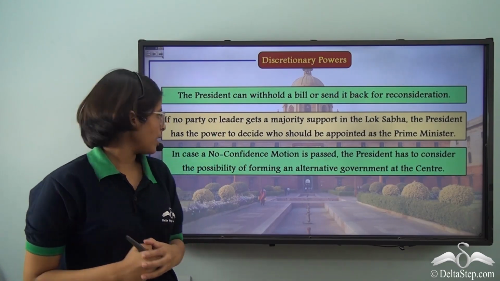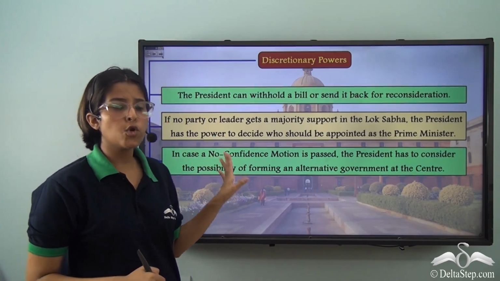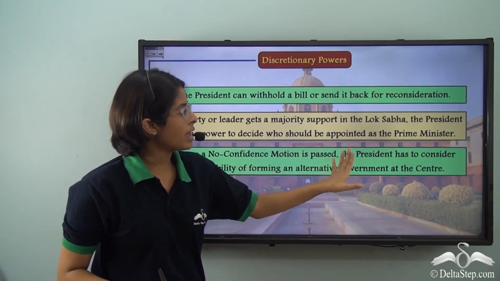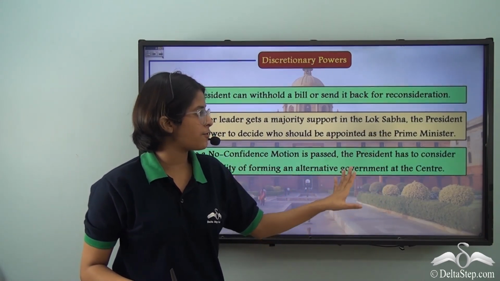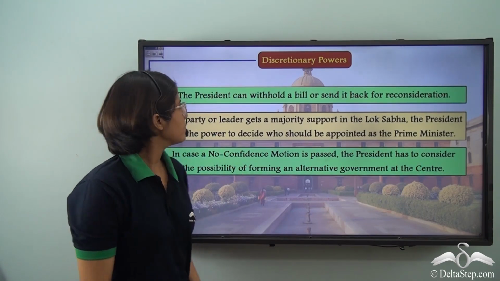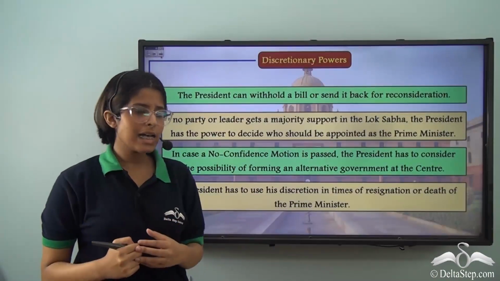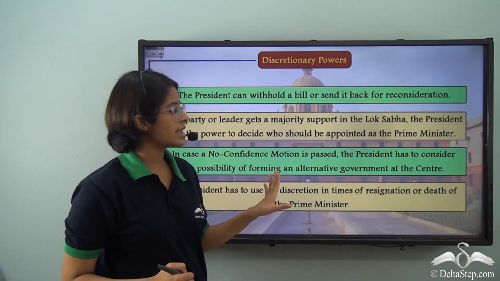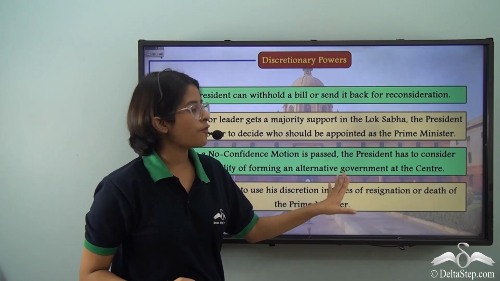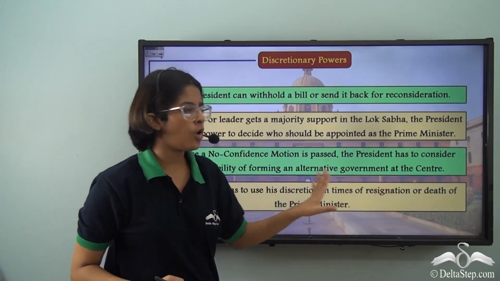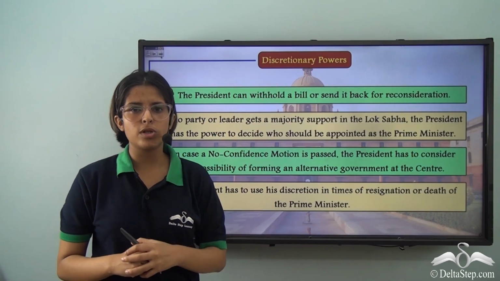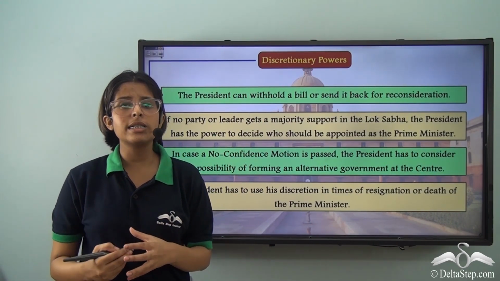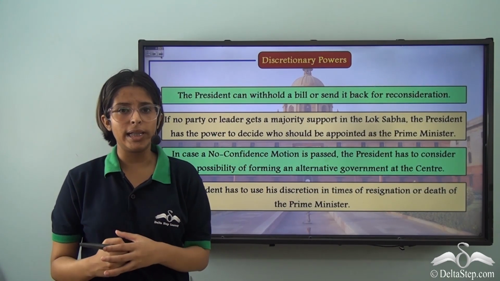In the third point, in case of a no confidence motion, the President has to consider the possibility of forming an alternative government at the center. And lastly, the President has to use his discretion in times of resignation or death of the Prime Minister. So these are the discretionary powers of the President, where the President acts in his own will.